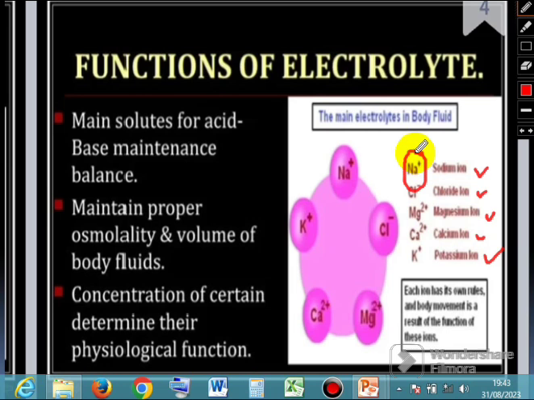So whenever there is a shift of sodium ions from the extracellular fluid to the intracellular fluid, whether in a nerve cell or muscle cell, depolarization occurs. So good.